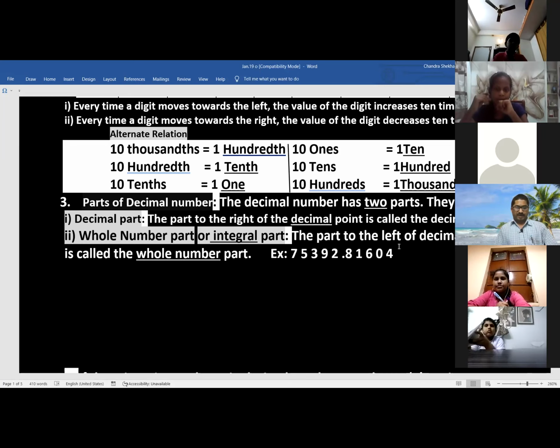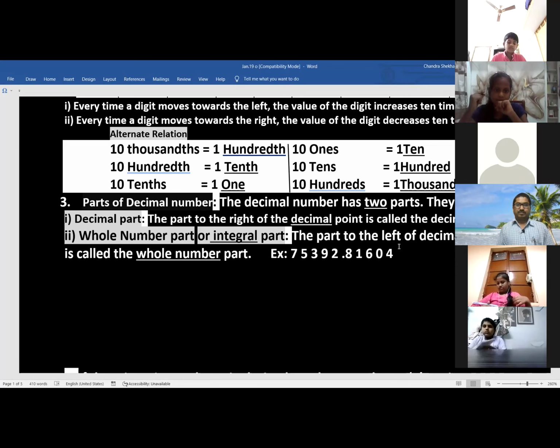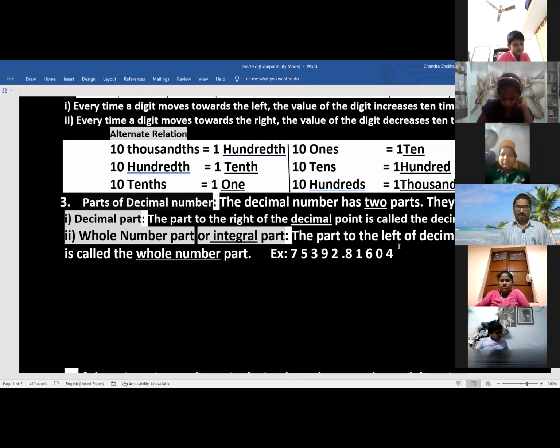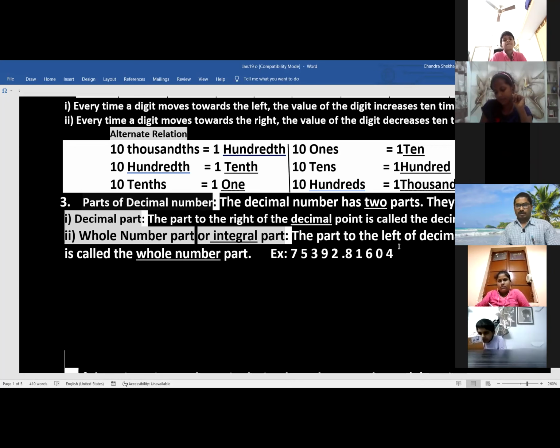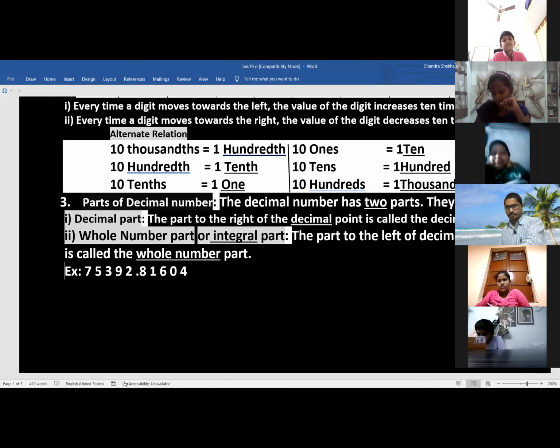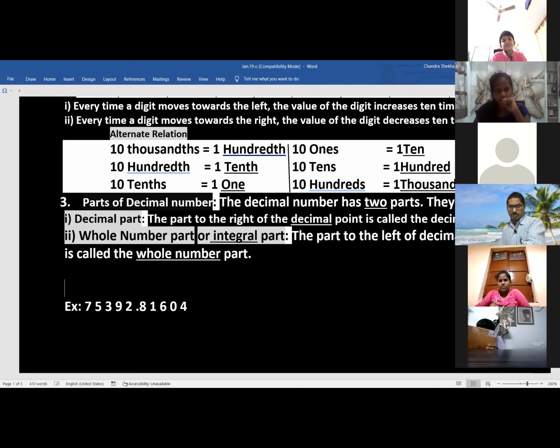Every decimal number has two values, two parts. For example, here is a number: 75,392.81604.